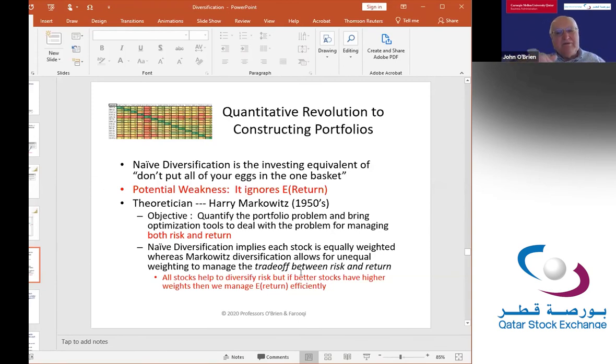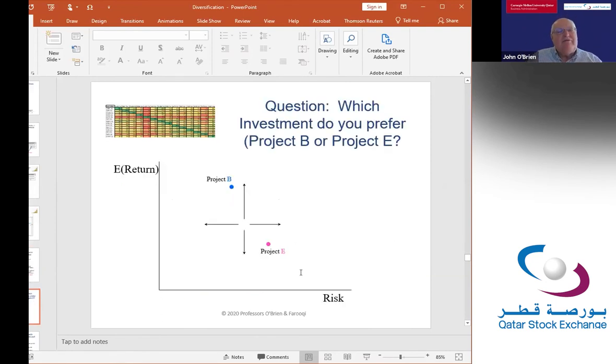But unequal weights means that, instead of doing 1/20th of my wealth in each stock, I may put 1/10th of my wealth in stock A and only 1/40th of my wealth in stock B. So I'm changing those weights around because I'm still managing my unsystematic risk, but I'm changing those weights around to manage my expected return, if I think stock A is going to give me a higher expected return than stock B. So that's the idea behind Markowitz, intuitively.